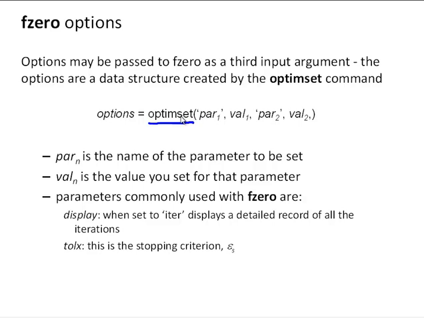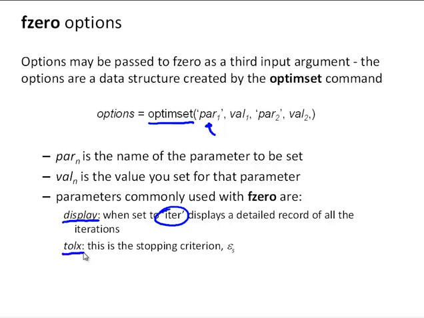And the way that we set values in that input argument with the optimset command is these parameters here, and sorry for the confusion, but MATLAB calls them parameters, even though we've also been talking about parameters in a different context with mathematical modeling. In this context, the parameters are what is the option, and two common parameters are Display, and if you set that to iter, I-T-E-R, fzero will display how it is calculating each iteration and what the current root estimate is at each iteration.